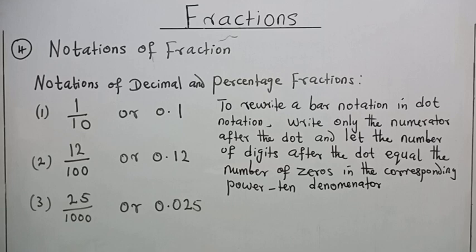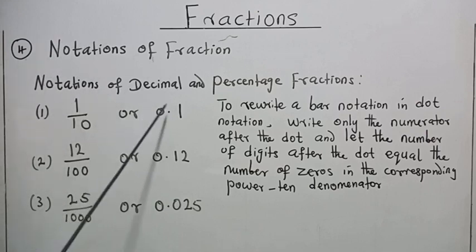There is inequality between the number of zeros in this denominator and the number of digits from this dot towards the right. To equate them, 0 was invented, and this was done by convention. Therefore, this 0 is doing nothing but just to tell us that there are 3 digits. Without it, there will be 2 digits. Therefore, we can complete the number of digits required to equate the power 10 denominator by using 0 as it is used in this number 3 example. I just hope that what has gone on here is clear.